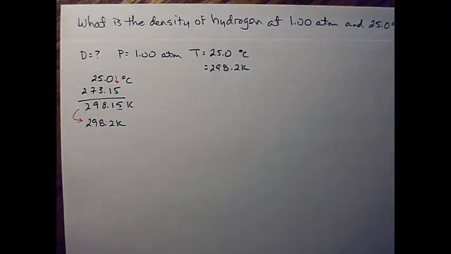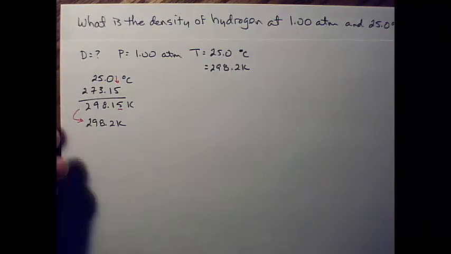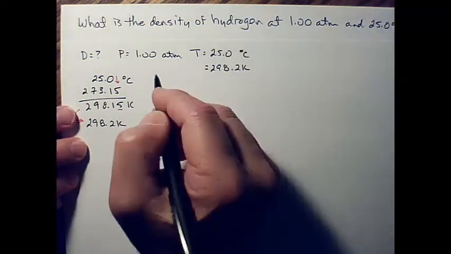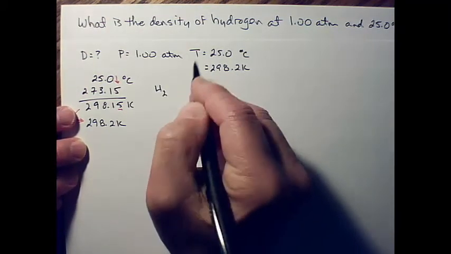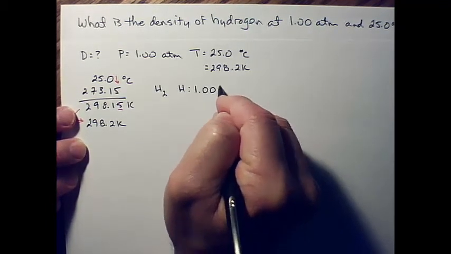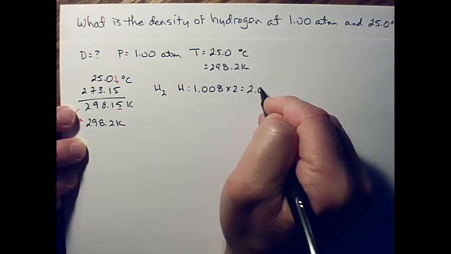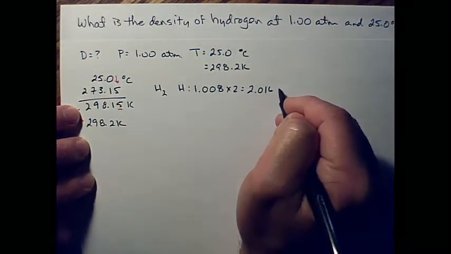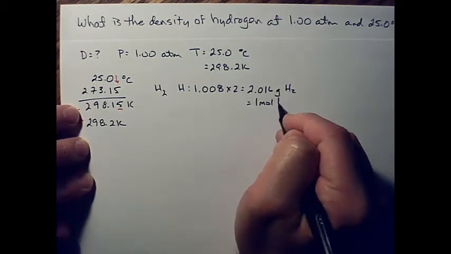And we need to know the molar mass if we're going to use this version of it. And we know that hydrogen in the atmosphere, or normal hydrogen, would be H2. So we're going to take the atomic mass of hydrogen, 1.008, and multiply it by 2, which is 2.016, and that's grams of H2 equals 1 mole of H2.